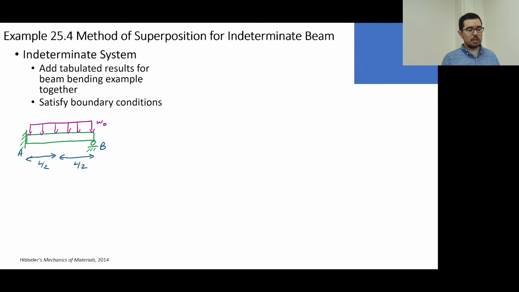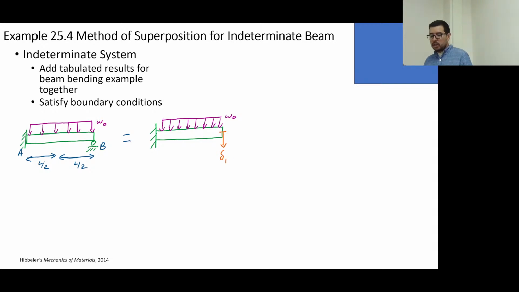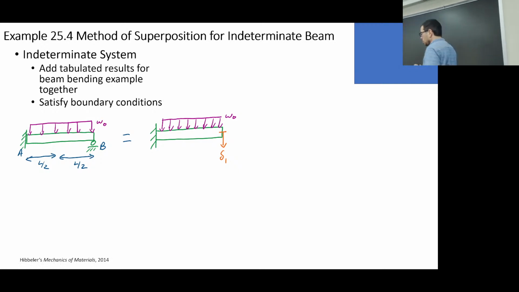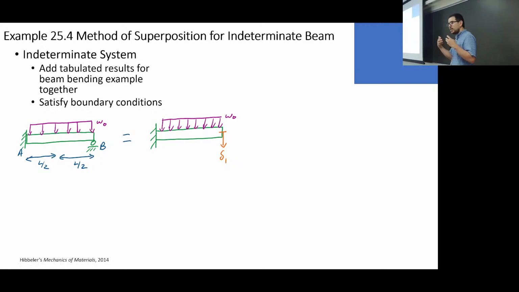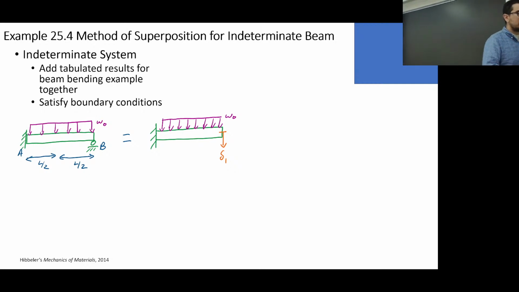and this uses our kind of creativity for figuring out, okay, hey, there's a displacement when there's no wall, right? Because remember, essentially what we want to do is take this indeterminate system and break it up into a set of determinate problems that we can add to each other.